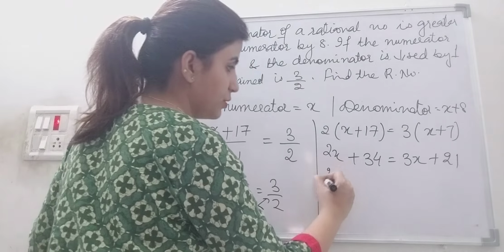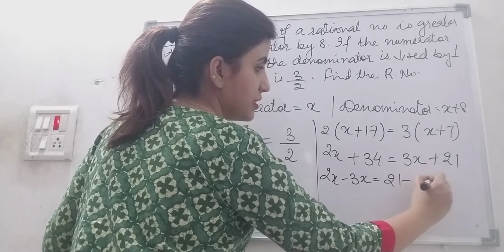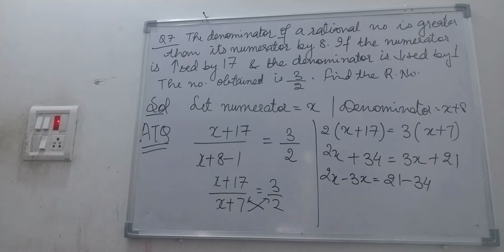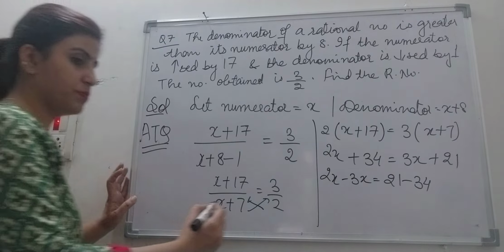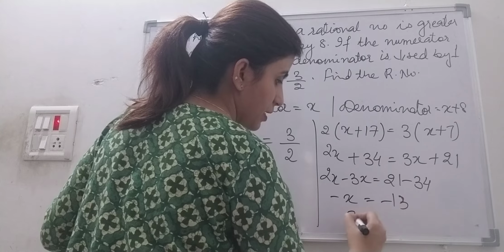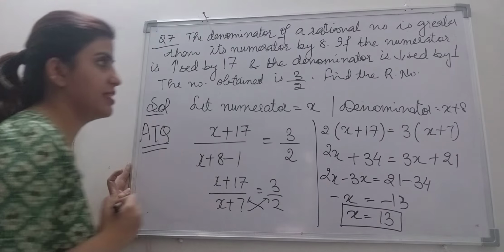Same concept: 2x minus 3x equals 21 minus 34. Minus x equals minus 13. x equals 13.